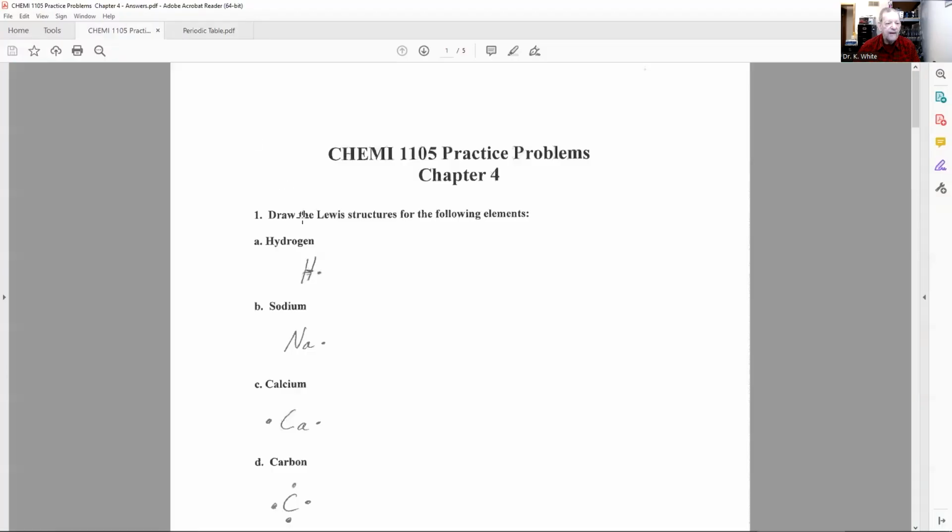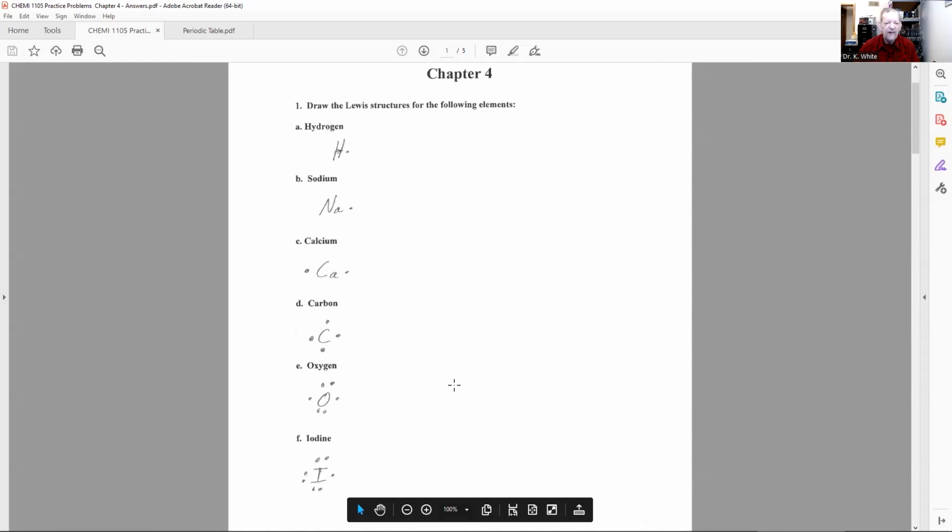All right, let's go through chapter 4 practice problems. Let me make this a little smaller. There we go. Number 1, draw the Lewis structure for the following elements.